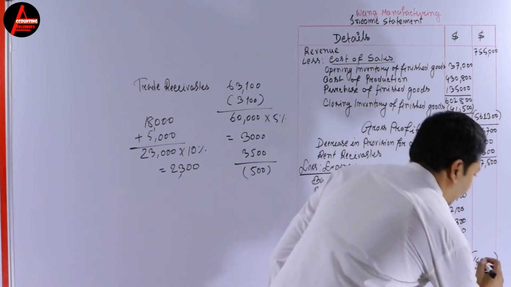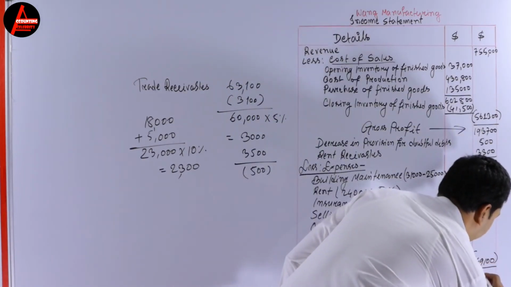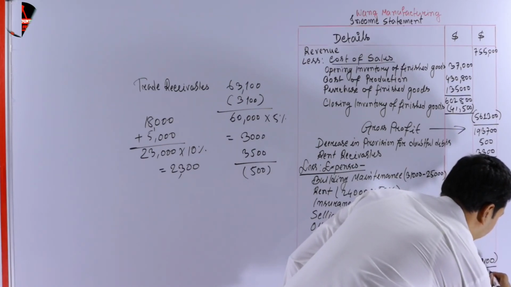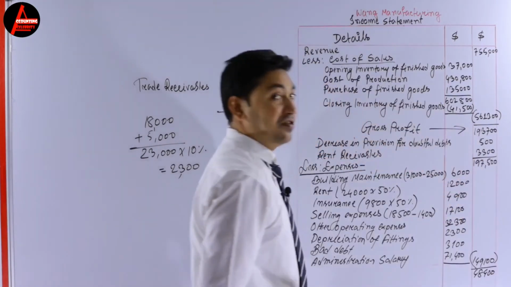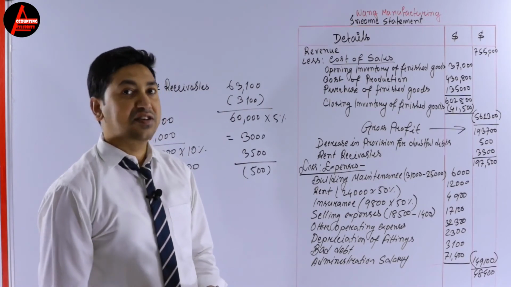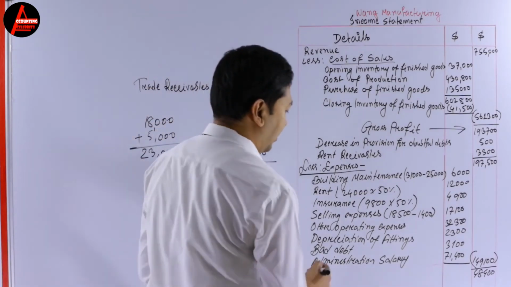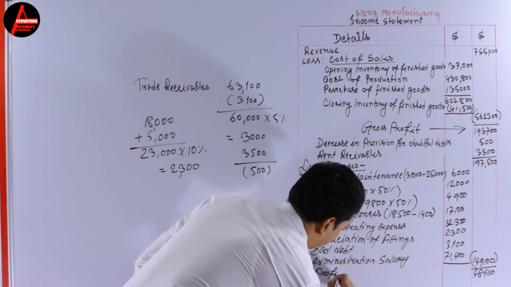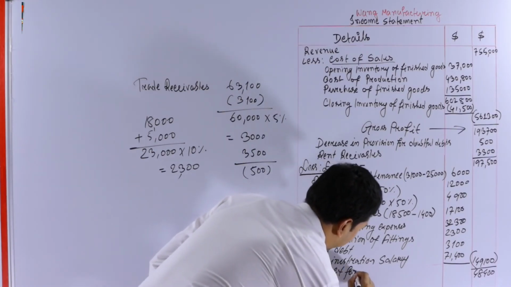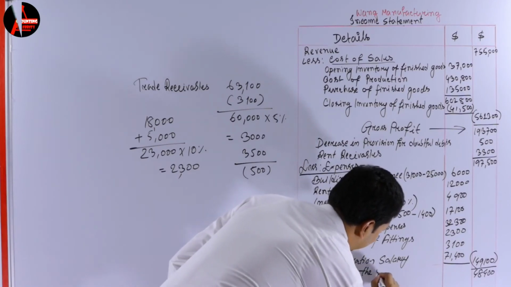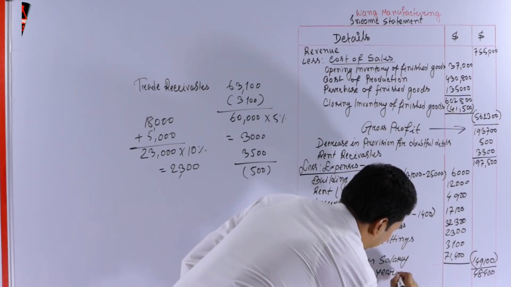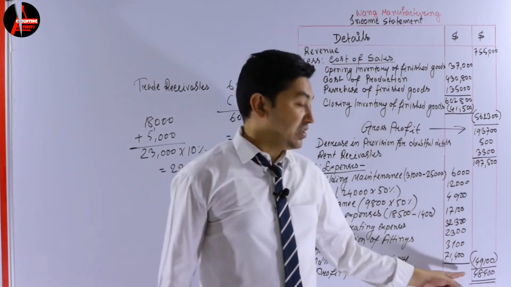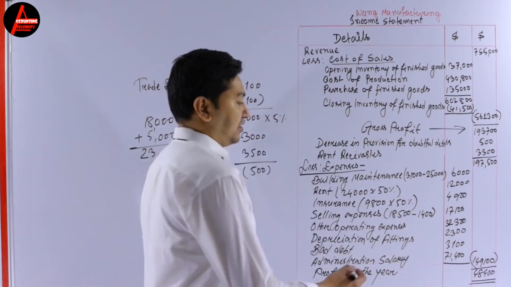So what is our answer? If we subtract, it is $48,400. Okay, so what is this called? This is called profit for the year. So right here, profit for the year. Okay, so this is our final answer.